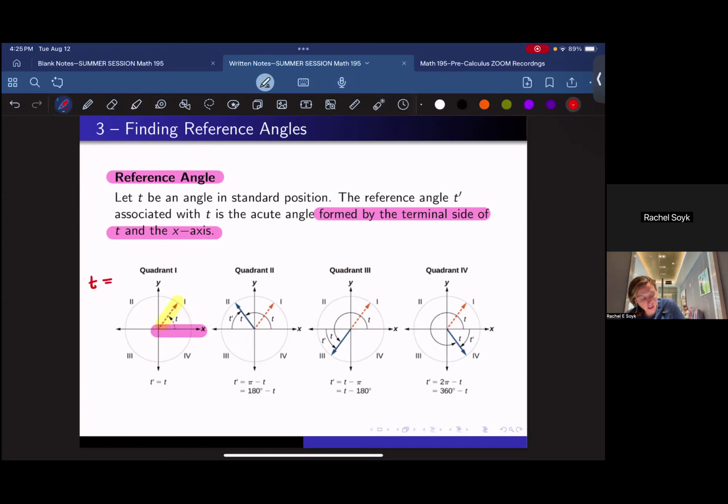Now, they notate reference angle by apostrophe, but sometimes I usually like to use theta with a bar over it or theta with a hat over. Sometimes you'll see T with a bar over it. So these are just notations for reference angles.